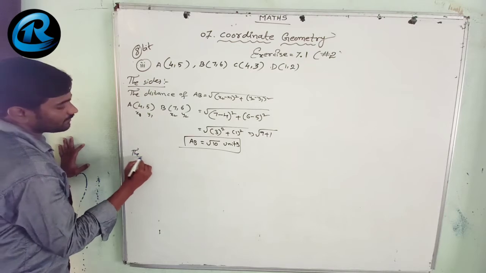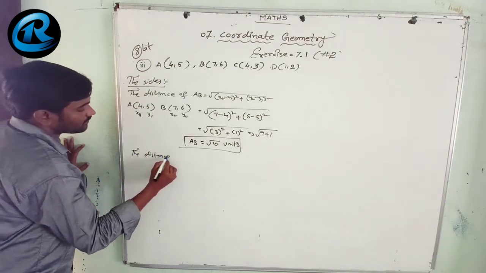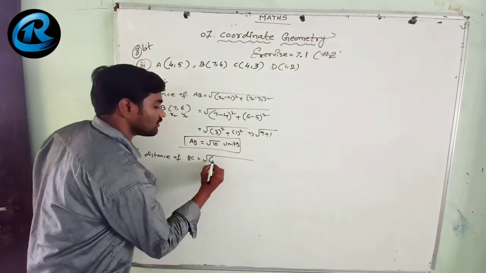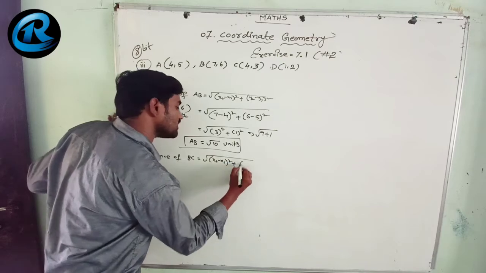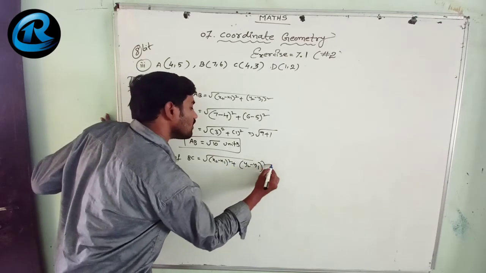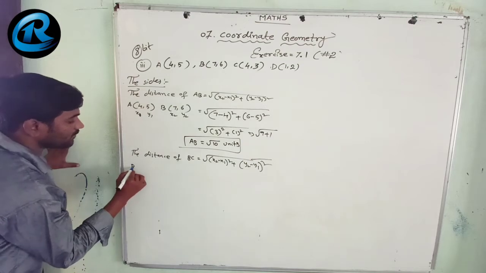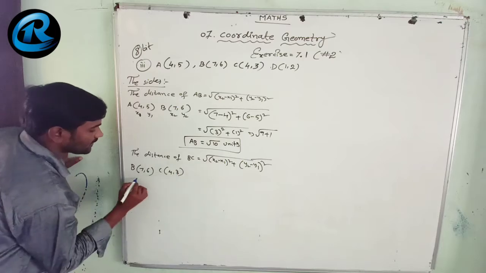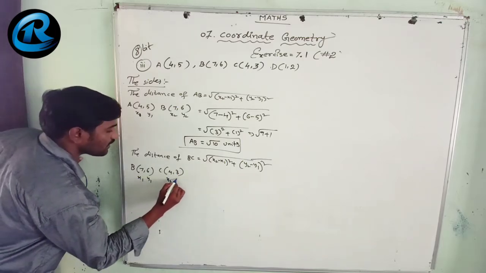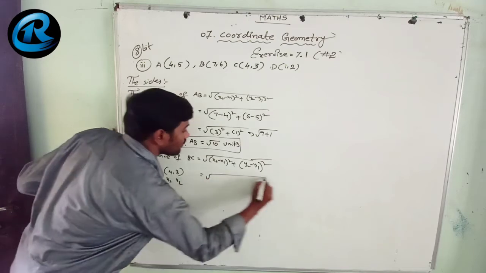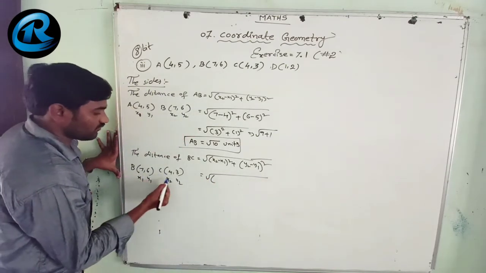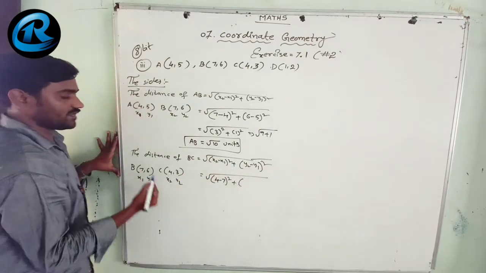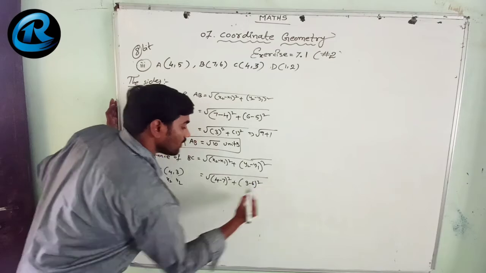The distance of BC under root of x2 minus x1 whole square plus y2 minus y1 whole square. Here B point is 7 comma 6 and C point is 4 comma 3. Under root of x2 minus x1, 4 minus 7 whole square plus y2 minus y1, 3 minus 6 whole square.